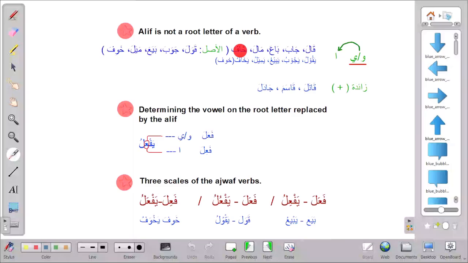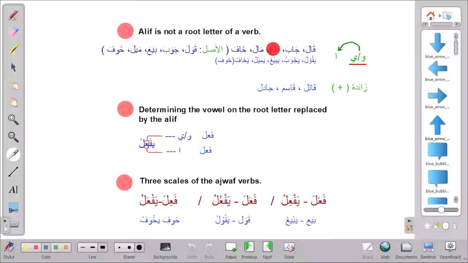Those are what we term the adjunct verbs. They have at the middle a harf al-illa. So qala, you can see the alif, which is a harf al-illa, is at the middle. Qala, jaba, ba'a, mala, khafa, all these are adjunct verbs. They have in the middle a harf al-illa.